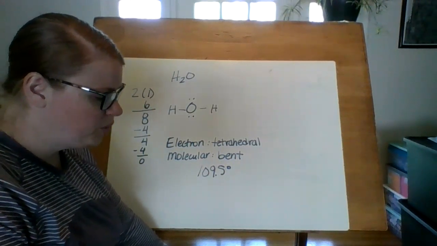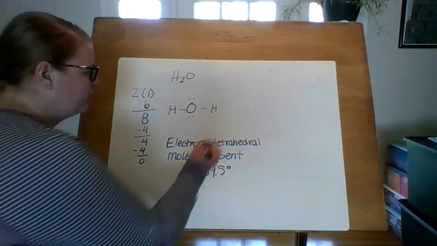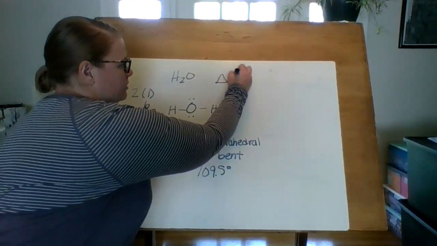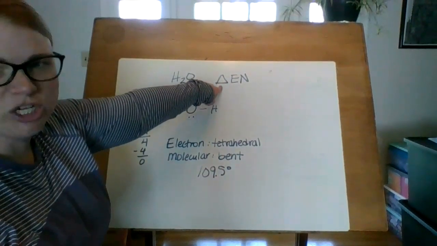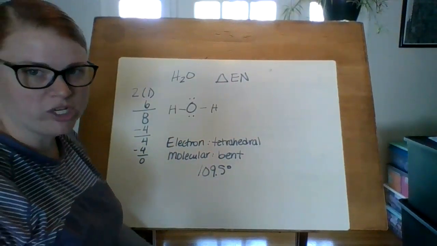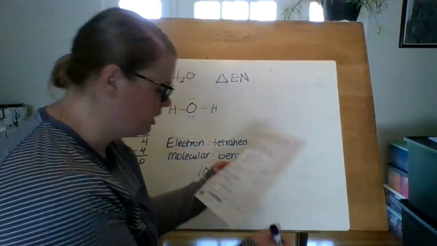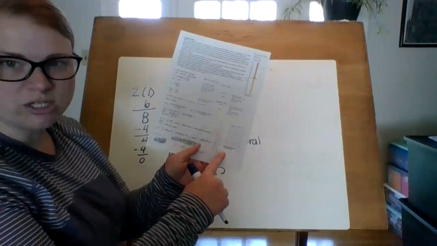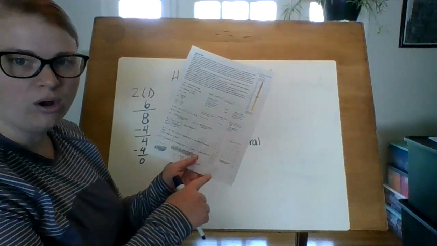Next question has to do with polar or non-polar. With polar or non-polar, what you're going to be looking at is your difference in electronegativity values. Remember, triangle means change in, or difference. For that one, you do need your reference sheet. If you look at your reference sheet, there's a chart at the bottom that has electronegativity values for all the atoms.